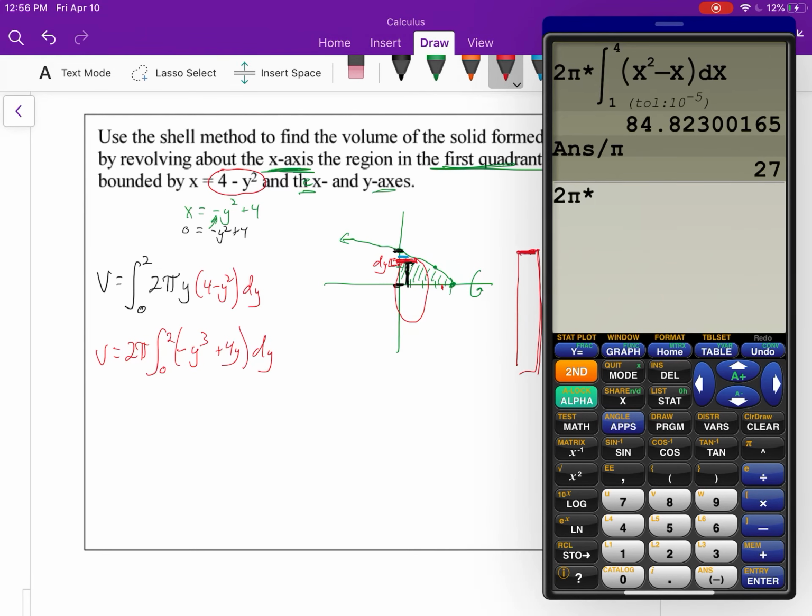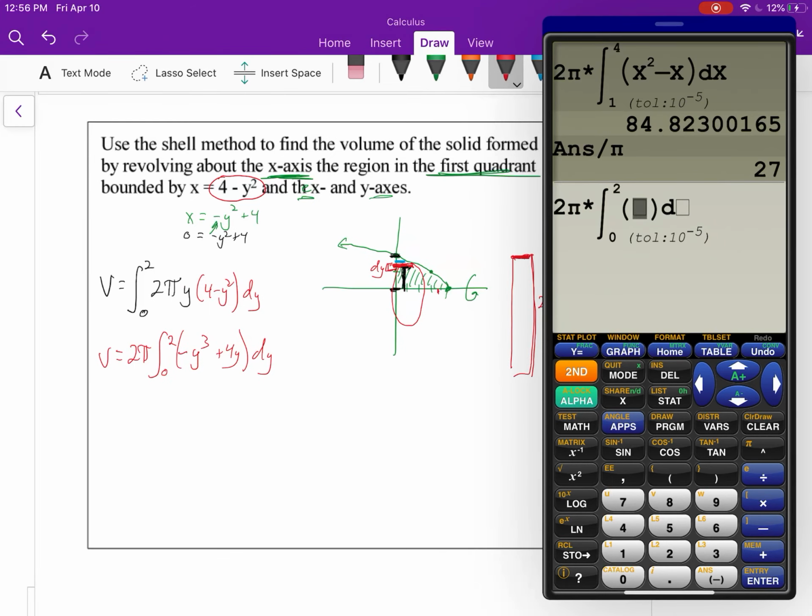So we got 2 pi times the integral from 0 to 2 of, now I'm not using the letter x, so when I plug this into the calculator, it doesn't matter what letter we use for the variable, so I'm just going to put x's in all of these.